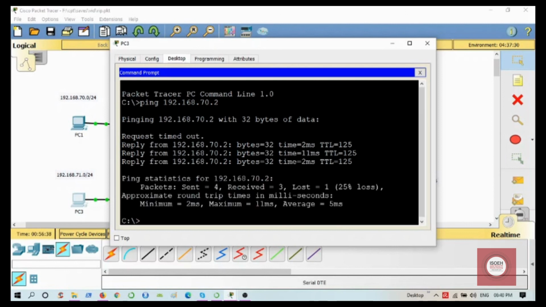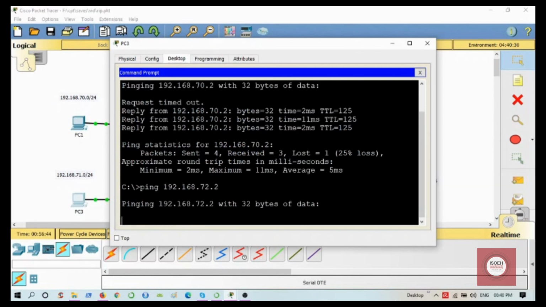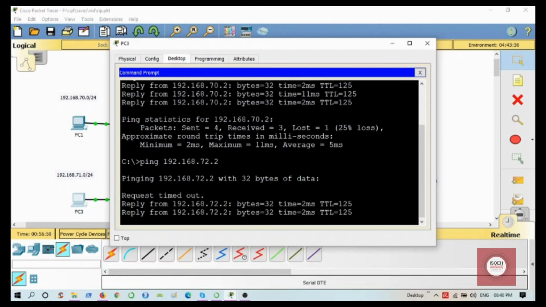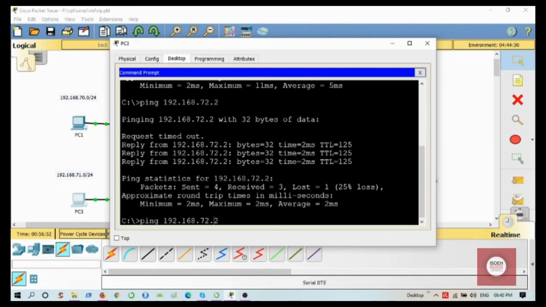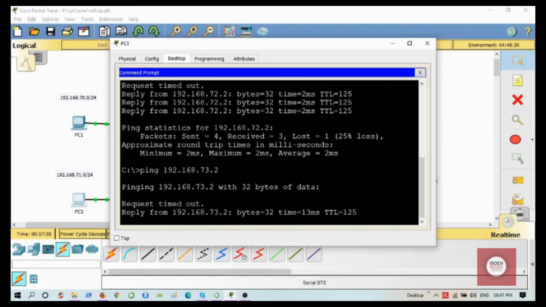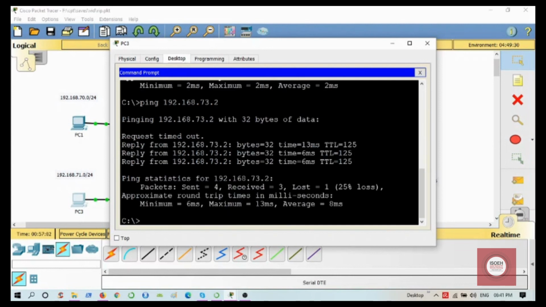So we are good. Now ping 72.2. Okay. Now ping 73.2. Okay, so we are good.